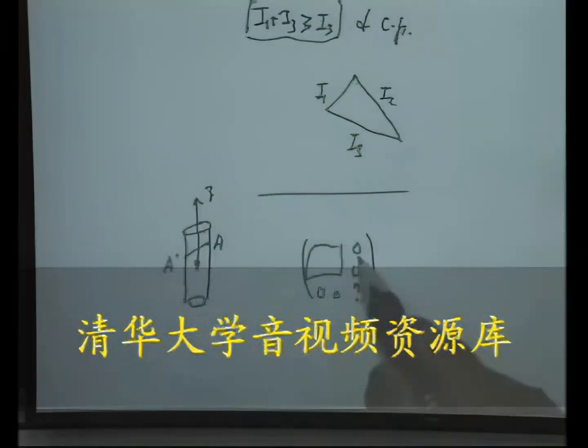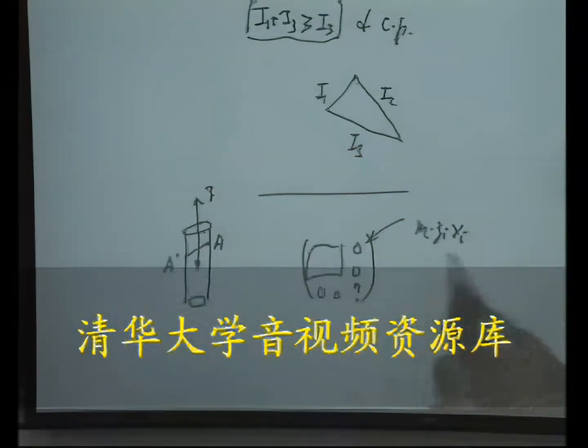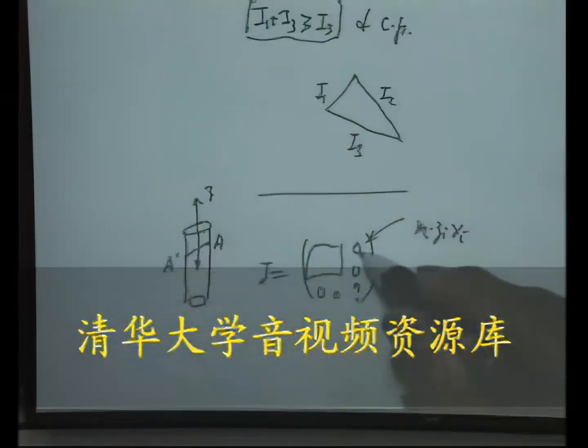This term is the contribution mi zi xi. But mi zi xi for A and for A prime are equal and opposite because they have the same mass, they have the same Z, they have opposite X. So if you add, it's equal to 0. So the contribution to J of A and A prime would cancel each other. So these are 0.